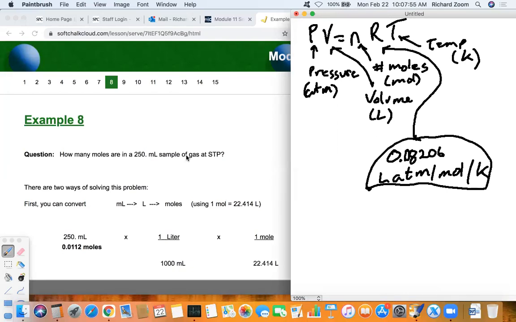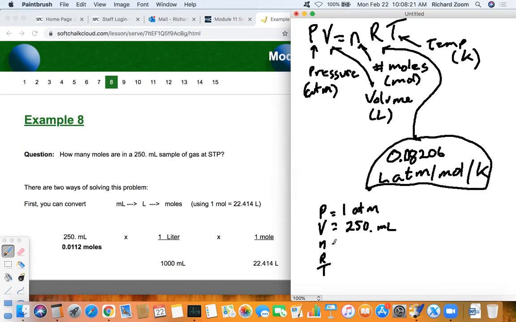So if you were given a problem like this one here, how many moles are in a 250 mil sample of gas at STP, then we write down our P, V, R and T. The pressure is going to be 1 atmosphere because it's STP. The volume is going to be 250 mils.